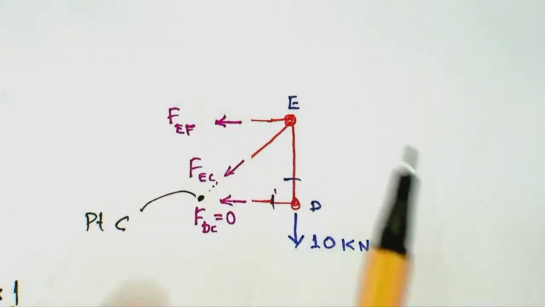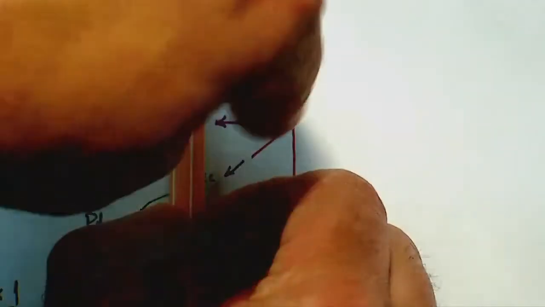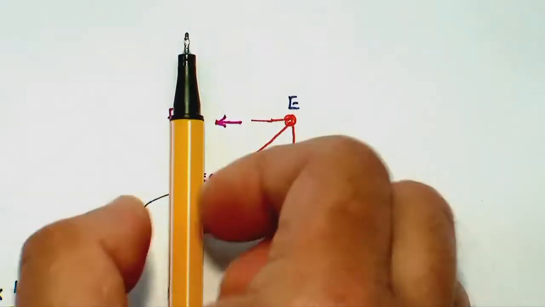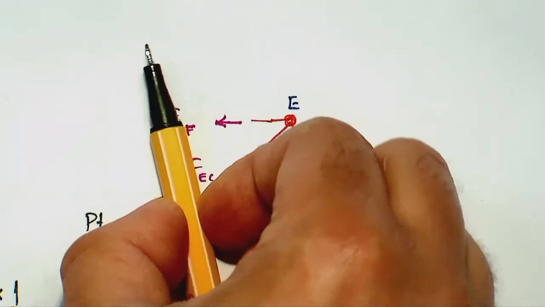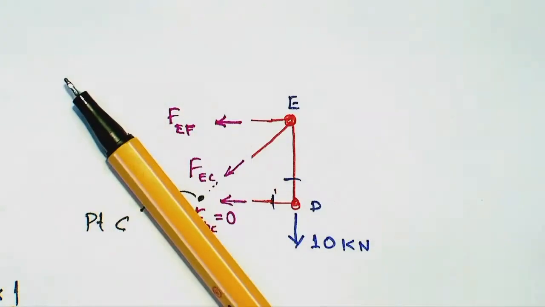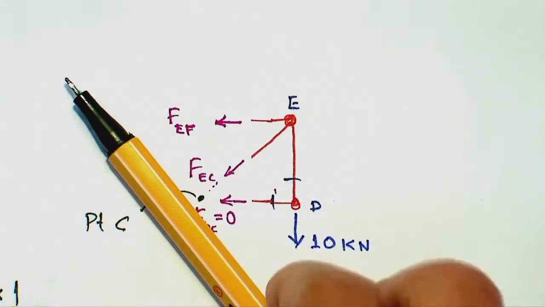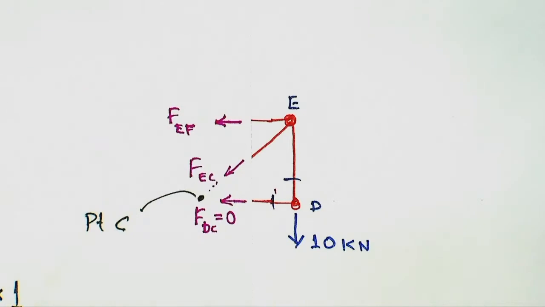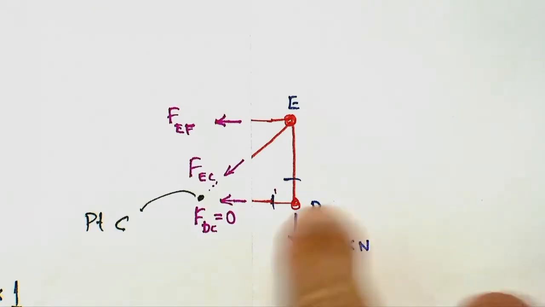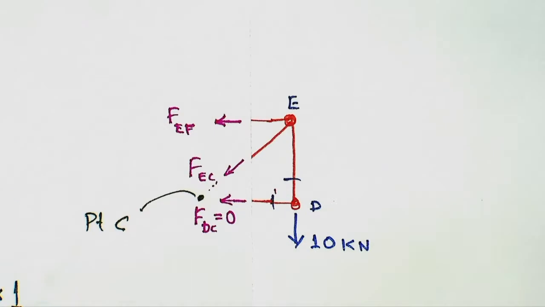So I am taking moment about point C. How will this rotate? This will rotate my pencil in the opposite direction of the clock hand, so that would come with a negative sign. So anti-clockwise moment. Now let's see what about the 10 kilonewton force.